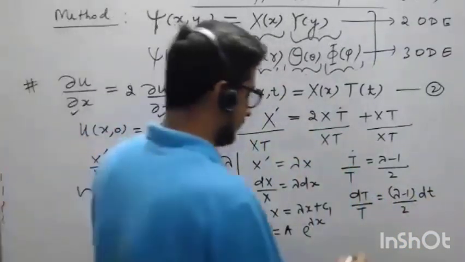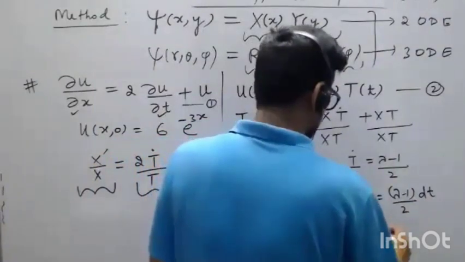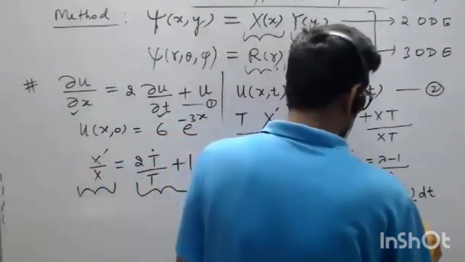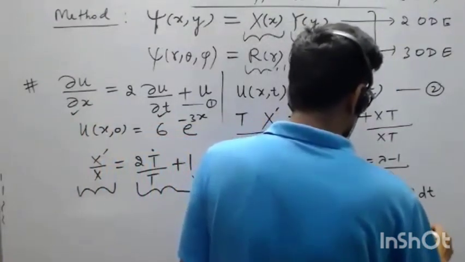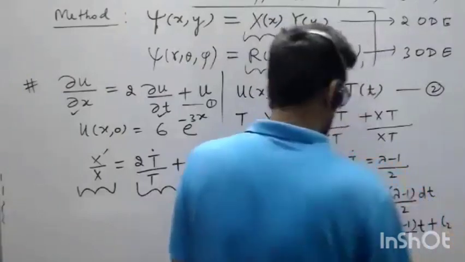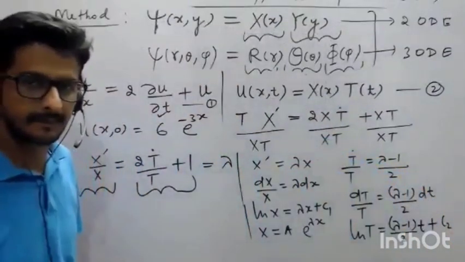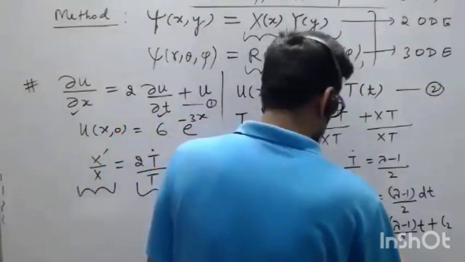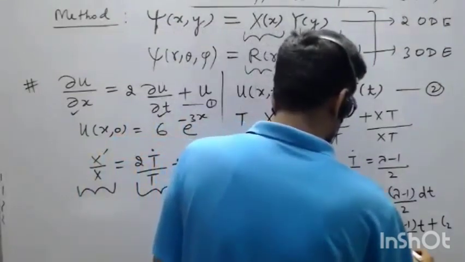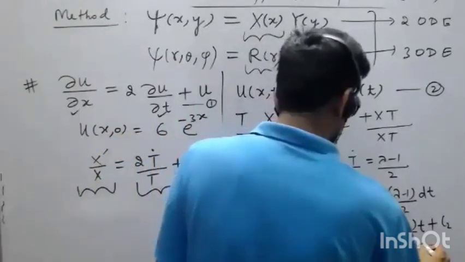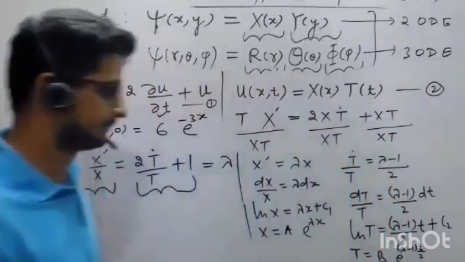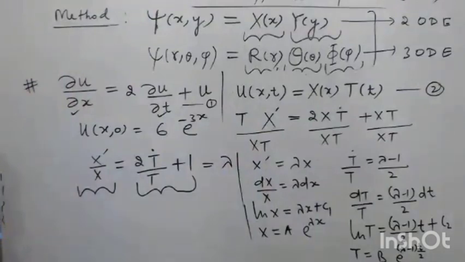So log of t is equal to lambda minus 1 by 2 t plus c2, and t is equal to b times e to the power lambda minus 1 t by 2. Correct?